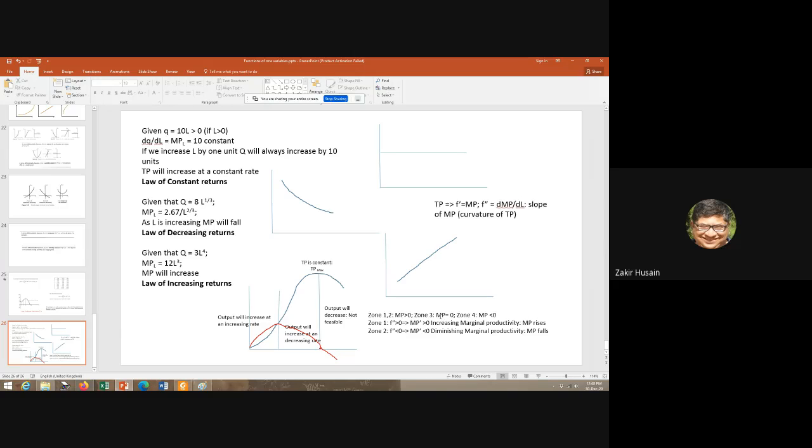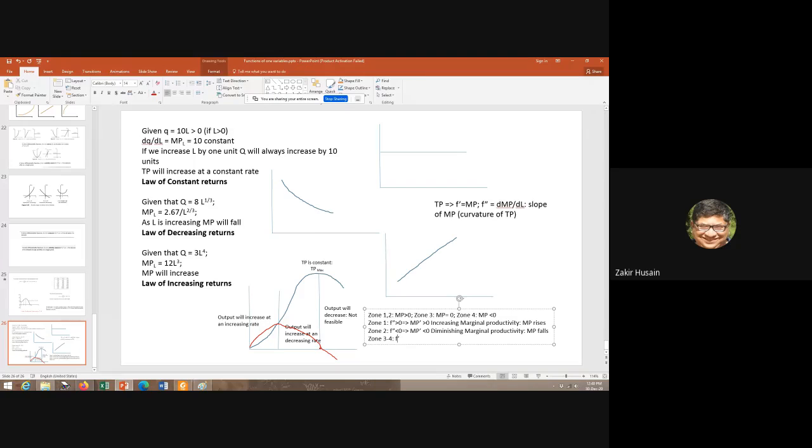So initially you can see in zone 1, MP rises. So it is like this. In zone 2, from zone 2 onwards, MP is falling, right? In zone 3 also, you can check that here also, zone 3 and 4, what do we have?